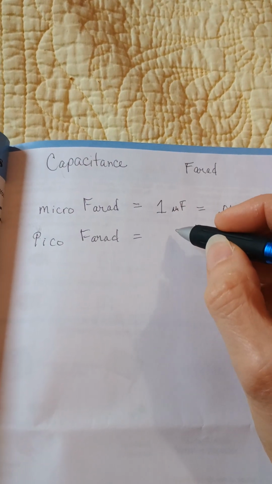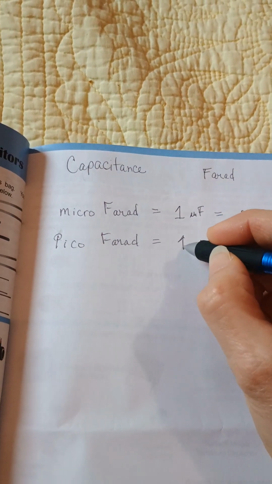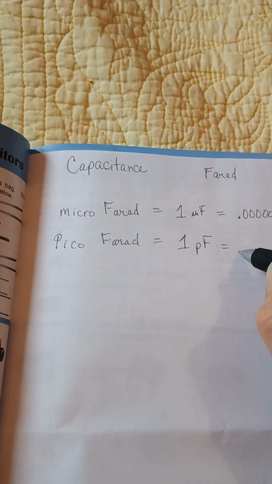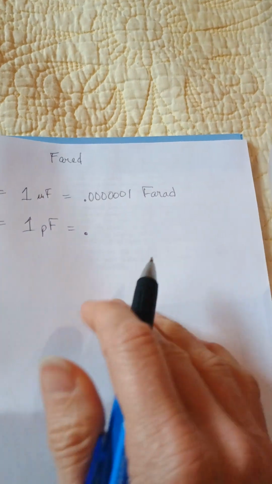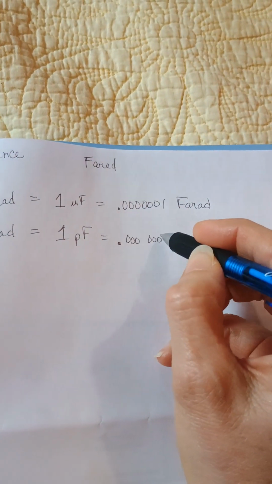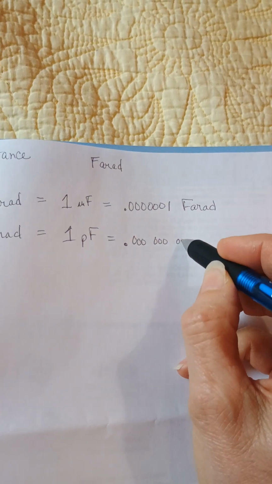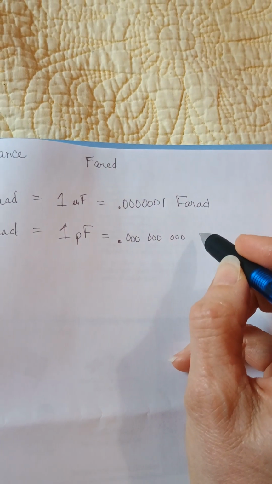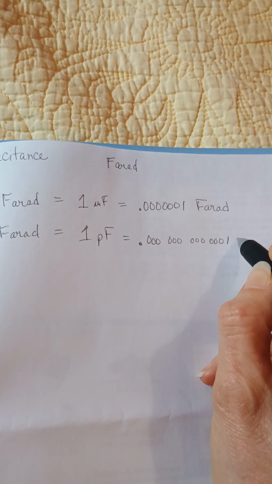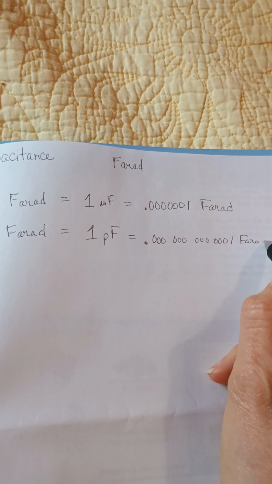So 1 picofarad is equal to, and watch how many zeros there are. There's 6 zeros, 7, 8, 9 zeros, 10, 11, 12 zeros, and then our 1, and then we say farad.